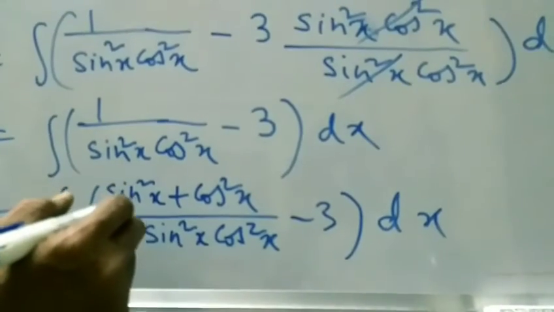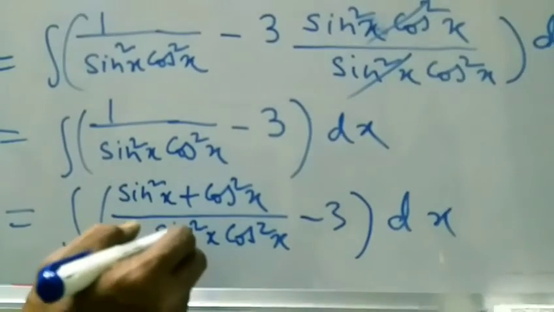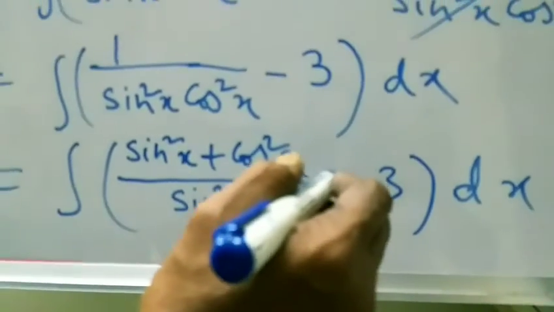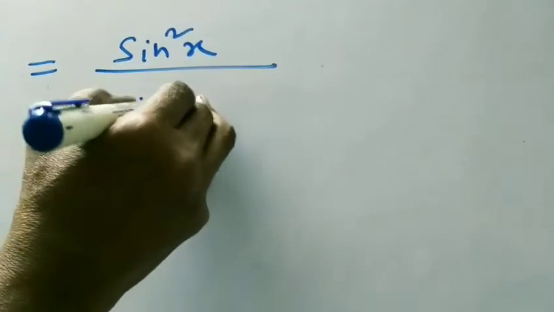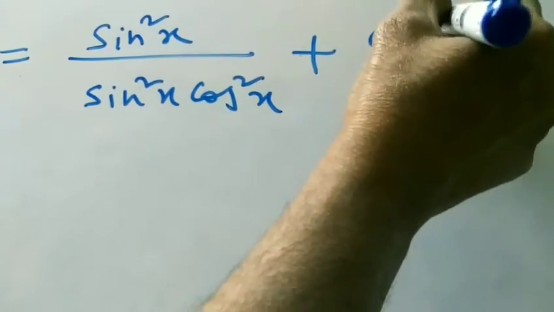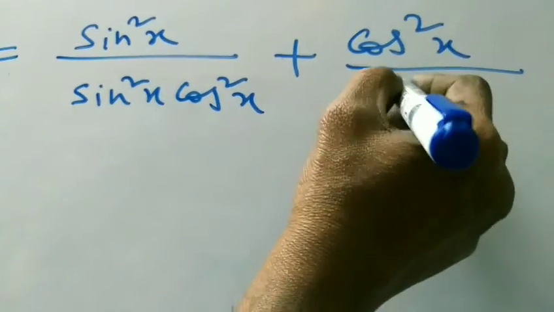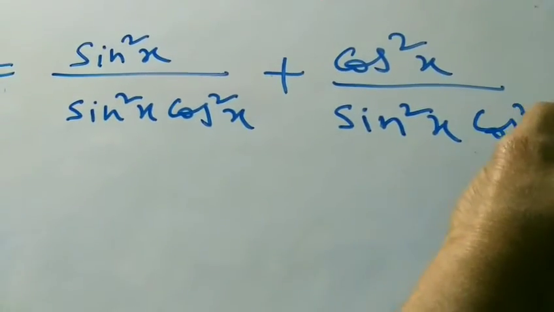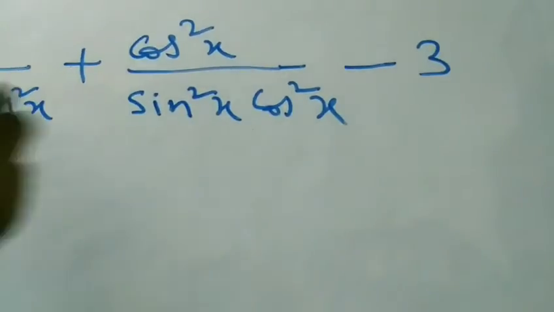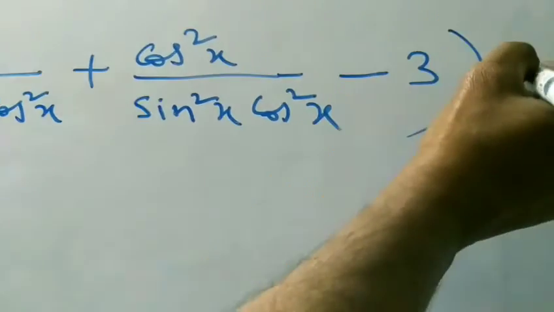We now split into two terms: sin square x by sin square x into cos square x plus cos square x by sin square x into cos square x, minus 3, whole dx.